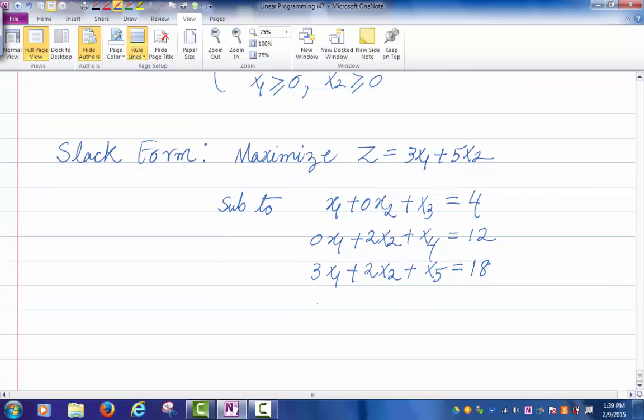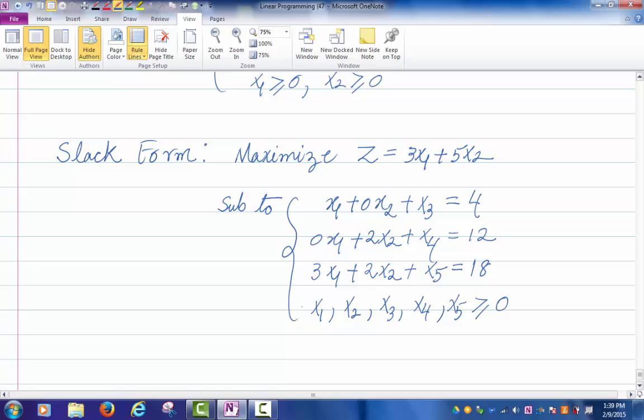And all the variables are non-negative: x1, x2, x3, x4, x5. These two collections of constraints are equivalent.